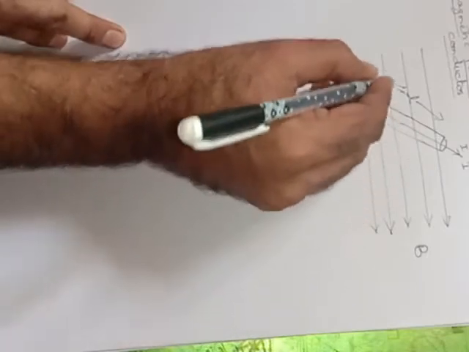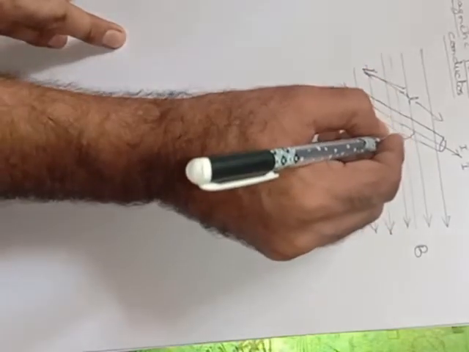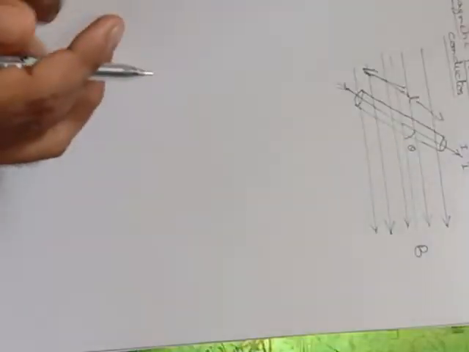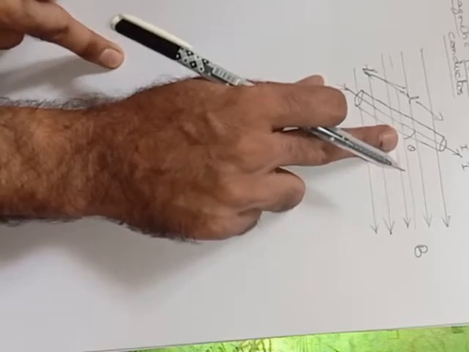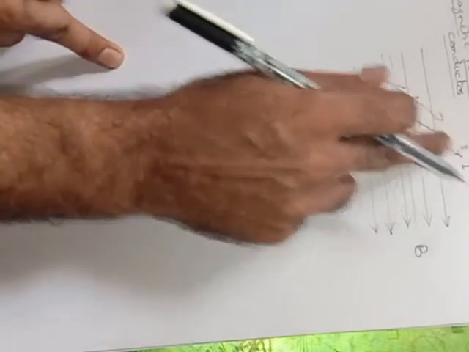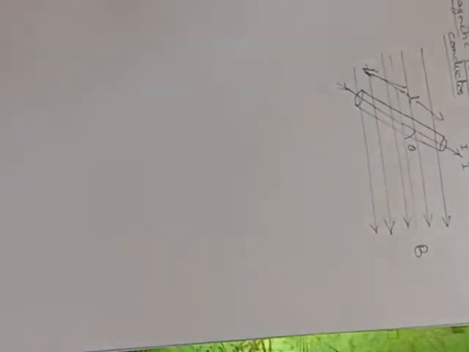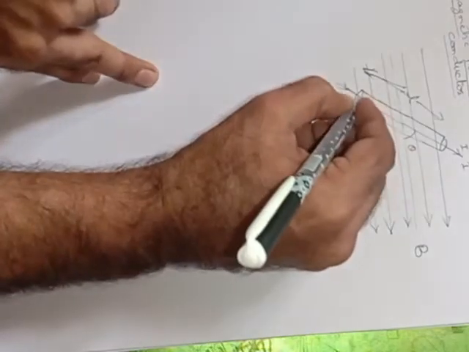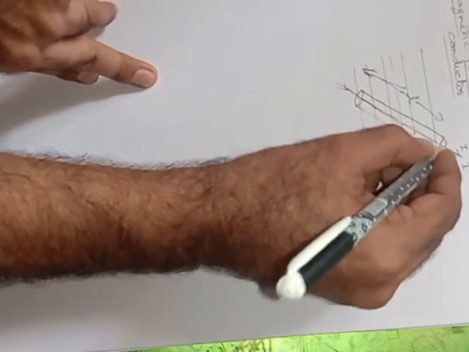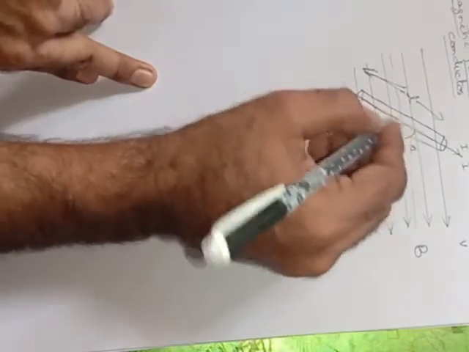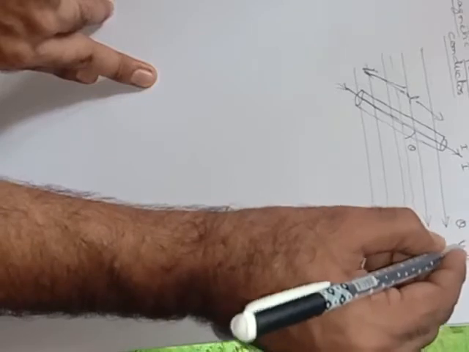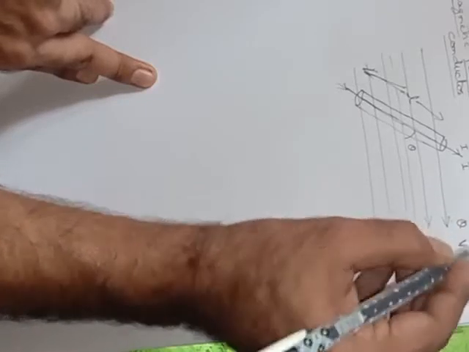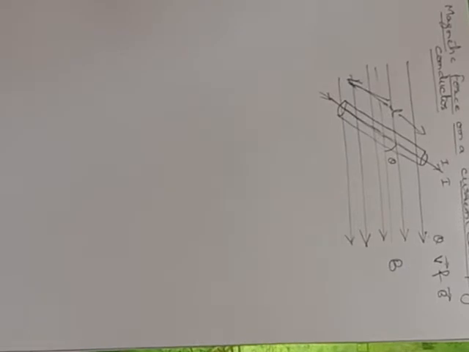If this wire is making an angle theta with the magnetic field, what is theta? Theta is the angle between the wire and the magnetic field. Means the current or the charges are moving in this particular manner, so they will have a velocity. Velocity of the charged particle will be there, V and B. So theta is the angle between V and B, where V means the velocity of the charged particle.